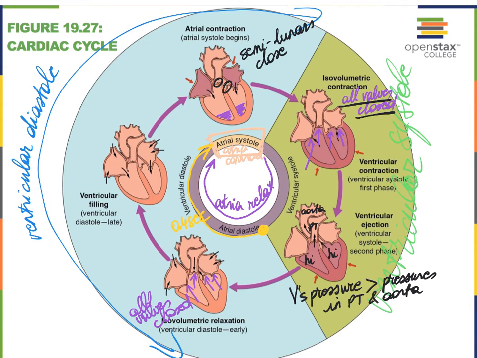When the ventricles contract, they can contract hard enough to where the pressure inside of them overcomes the pressures in the arteries that leave the heart, and consequently the blood will be able to leave and be ejected by opening valves, in this case the semilunar valves.